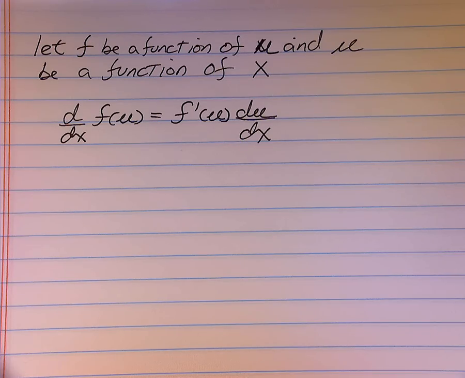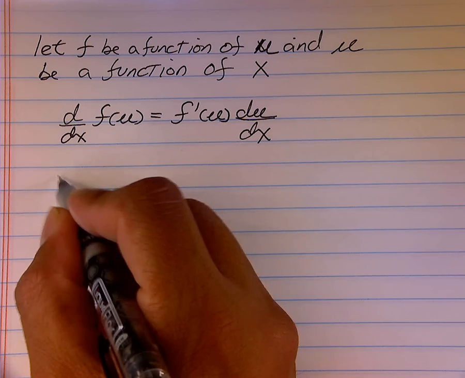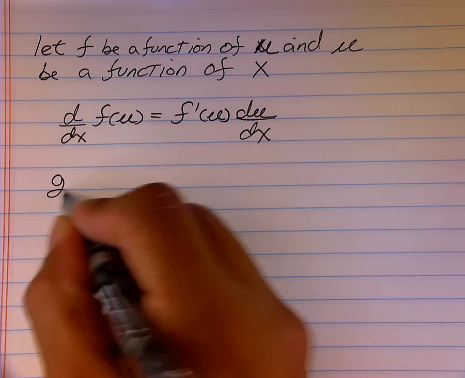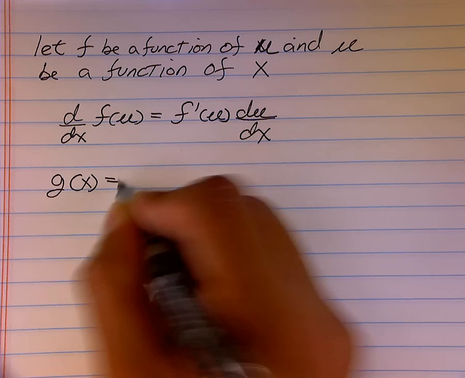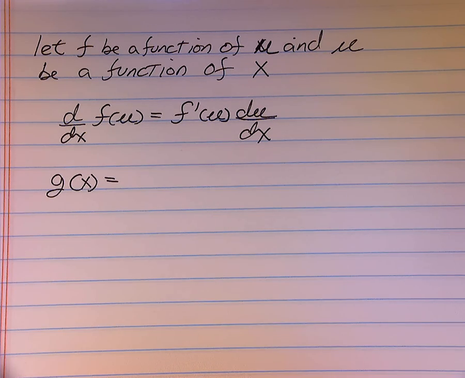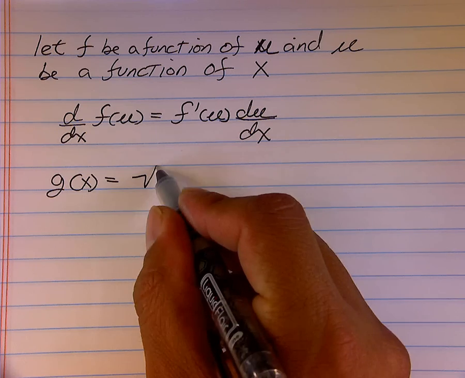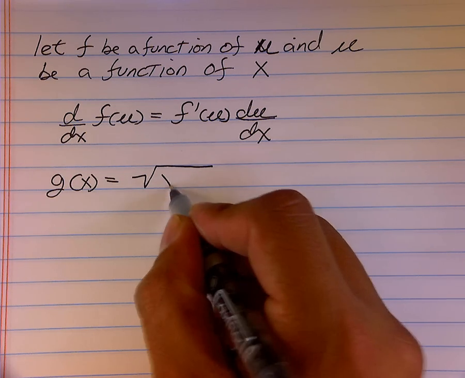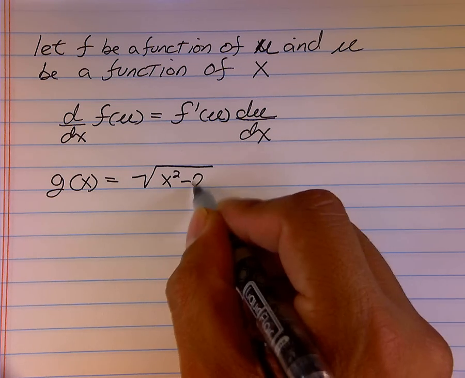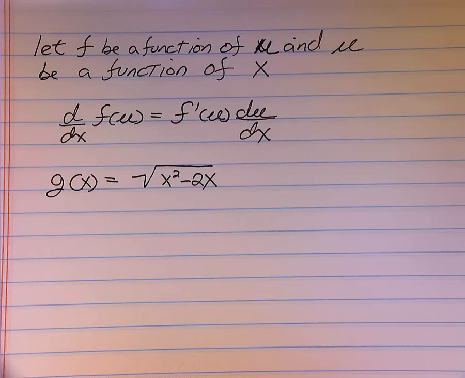Now, chain rule basically allows us to do functions that are too complex to do with the simple product, quotient, power function, exponential function, or trigonometric function rules. For instance, let's start off with, I don't care what the letters are, g of x equals the square root of x squared minus 2x.